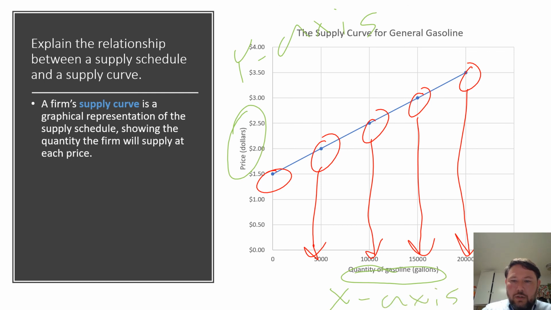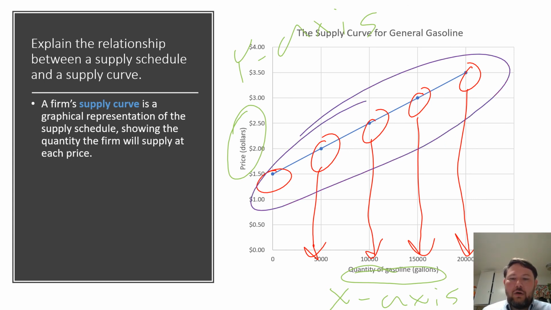The other thing I want to point out is, just like with our first demand curves, we're going to use a straight line. Our data is probably going to give us a straight line, but in the real world, it's very likely that our curve will be curved and not a straight line like we see here.